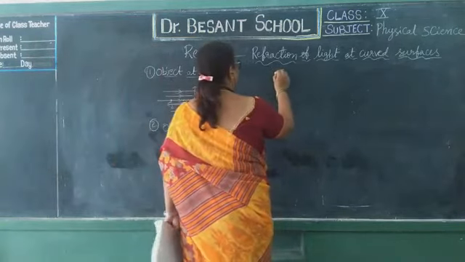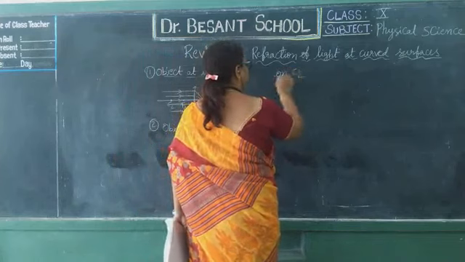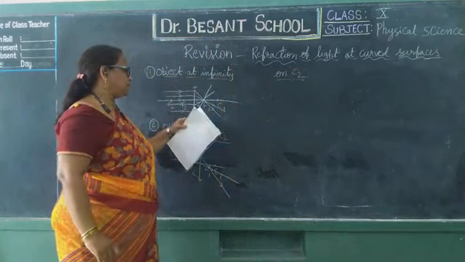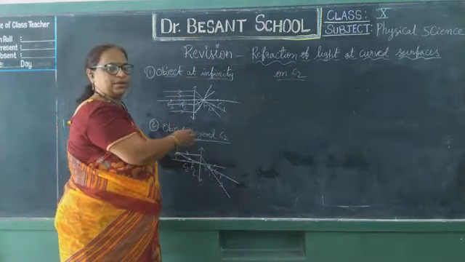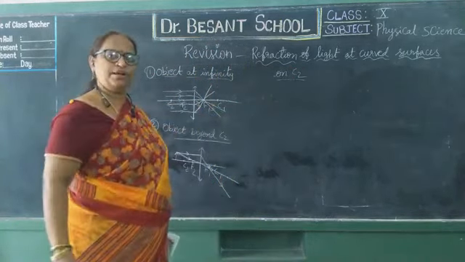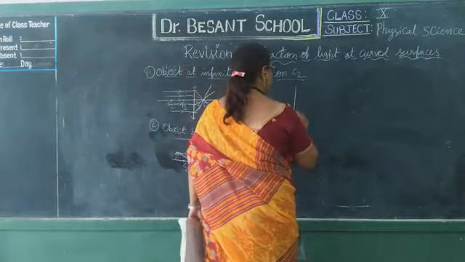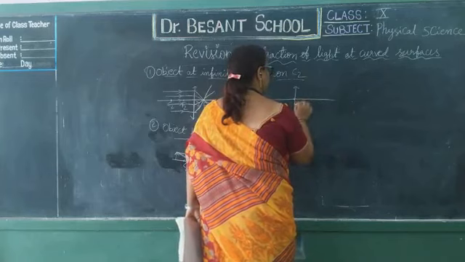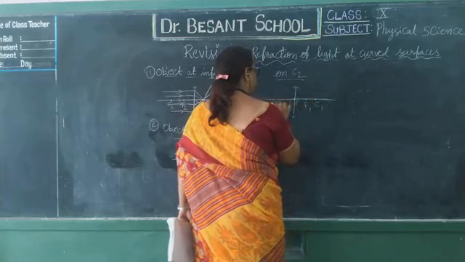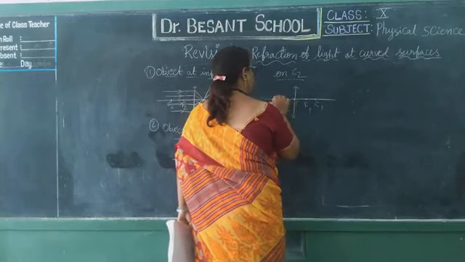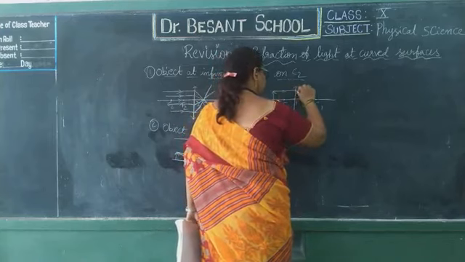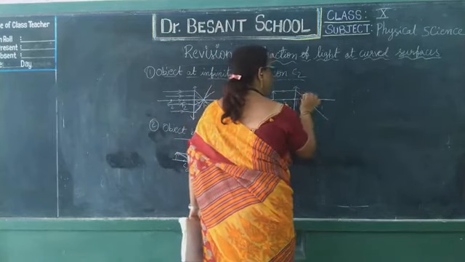Next, object on C2. As the object comes close to the lens, the image will move far from the lens. So the object is on C2. Then where will the image form? Optic center, C1, F1, C2, F2. The object is on C2. One ray parallel to the principal axis, passing through focus.